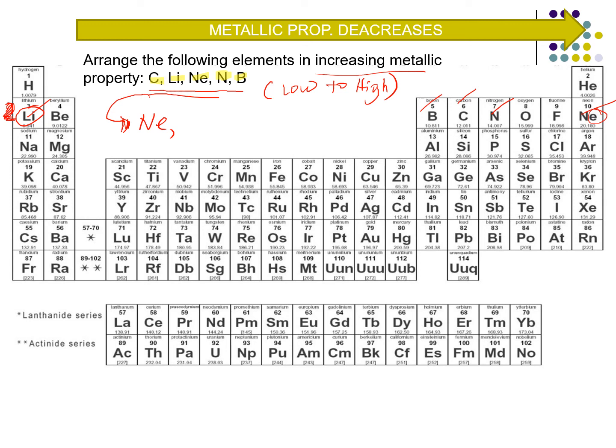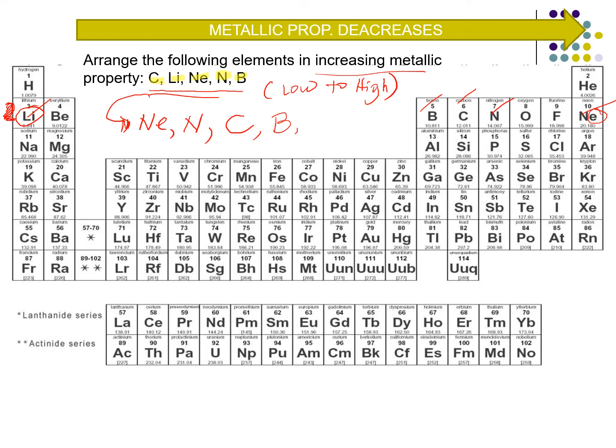Next, sino ang susunod from neon? Tingnan nyo, ang next sa kanya ay si nitrogen, di ba? So, next is nitrogen. Afterwards, ito na yung next, si carbon. After carbon, we have boron.